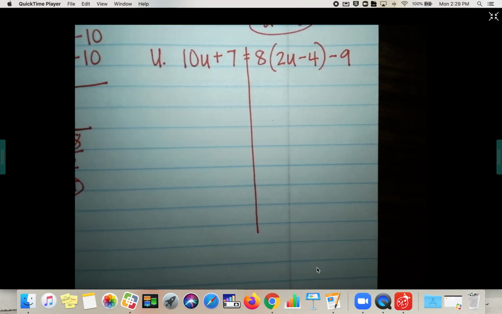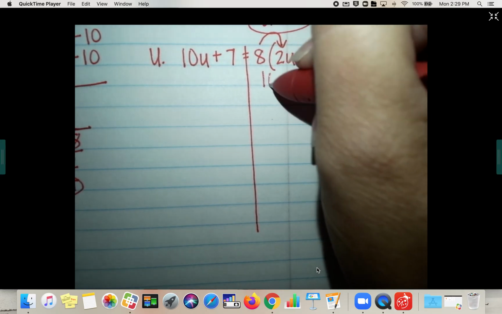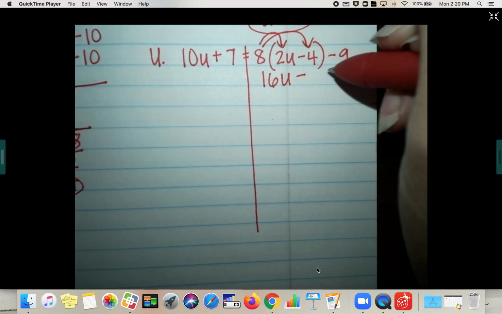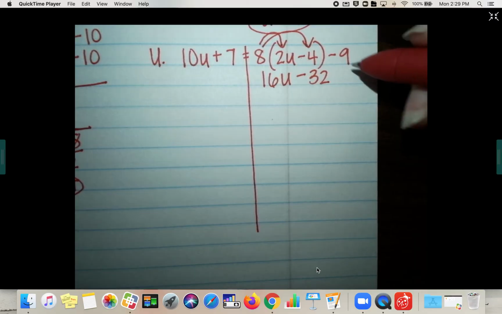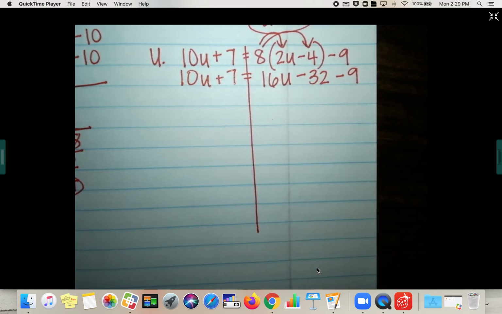So we got to distribute first. So let's do 8 times 2U, which is 16U. 8 times negative 4 is negative 32. Bring down your minus 9. I'm just going to bring down 10U plus 7 for now. All right, we're looking for like terms.